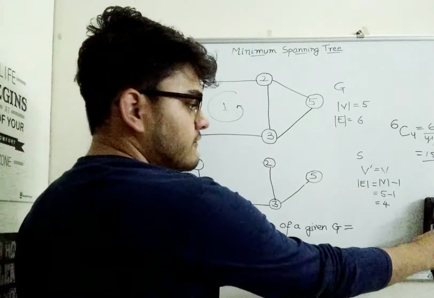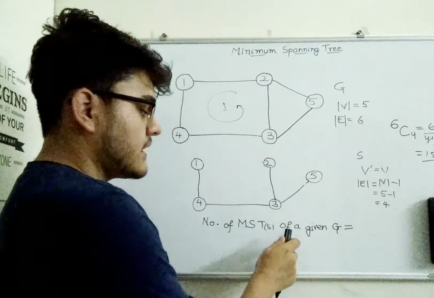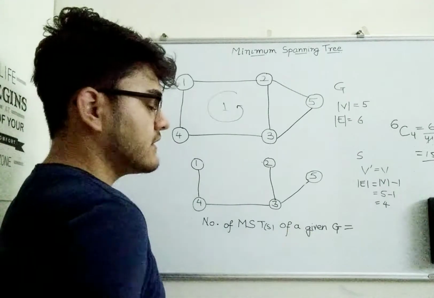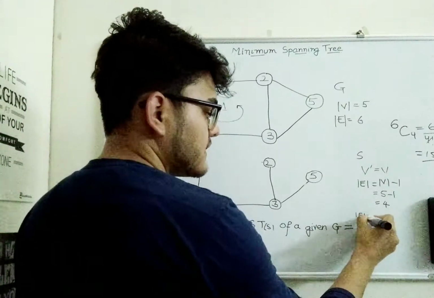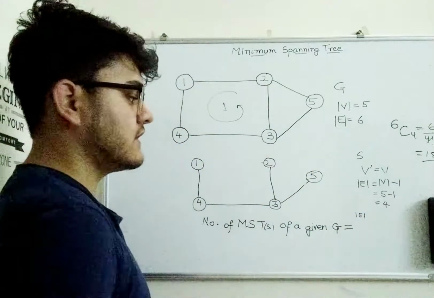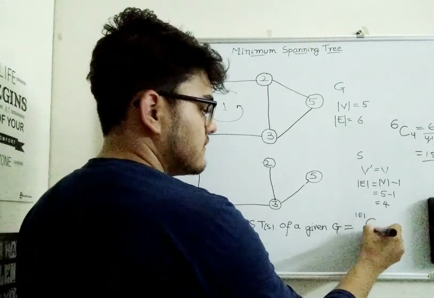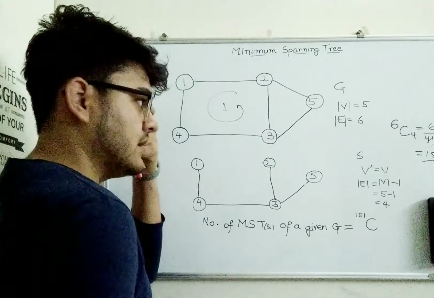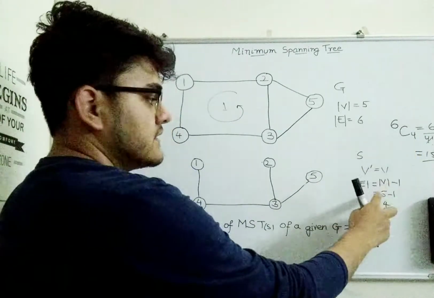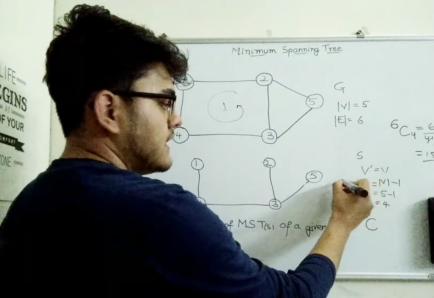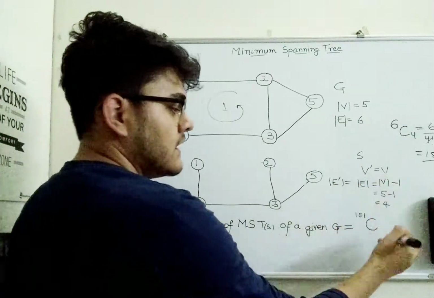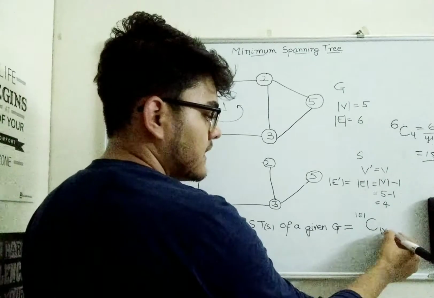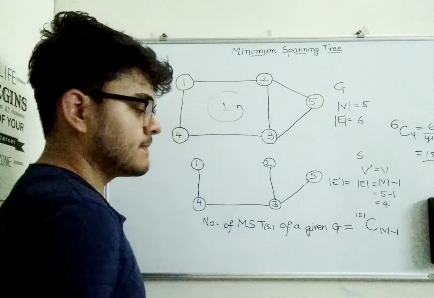So the general formula for calculating the number of minimum spanning trees of a given graph G is equal to the number of edges that were originally present in this graph, C, which is the number of combinations, E dash, which is mod of V minus 1.